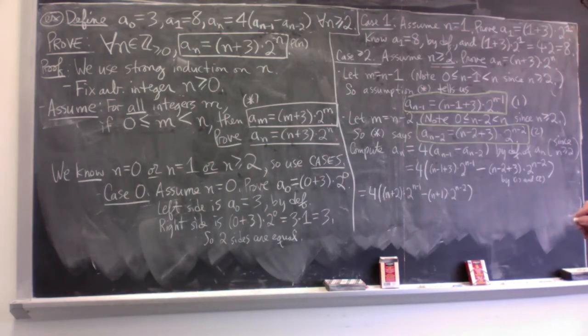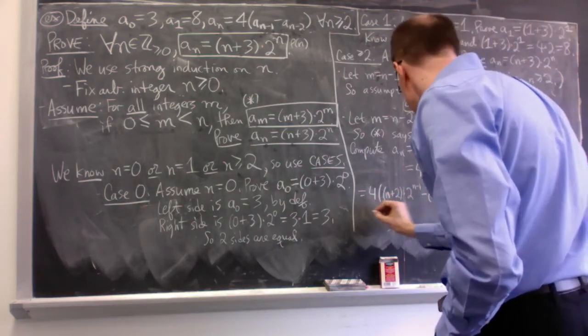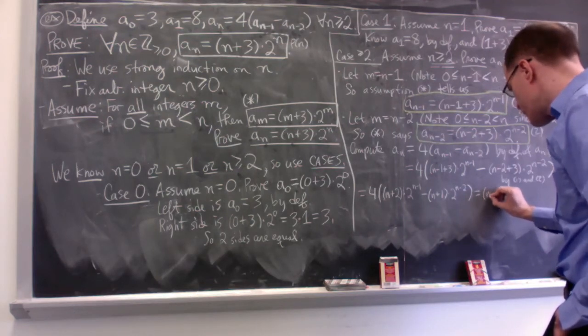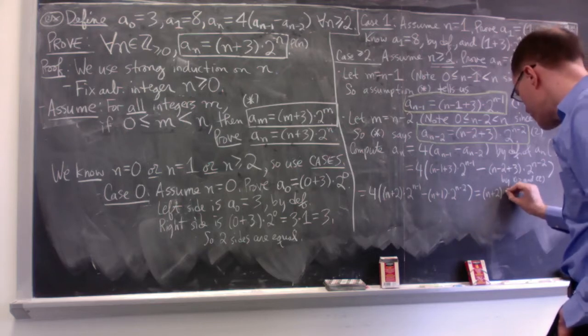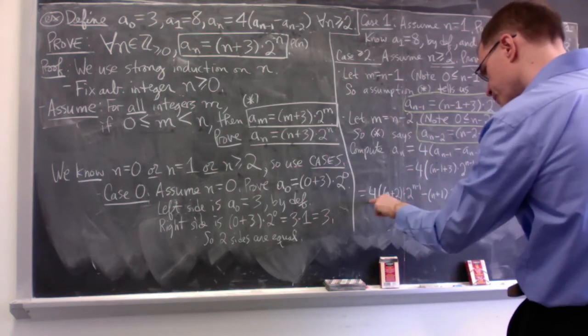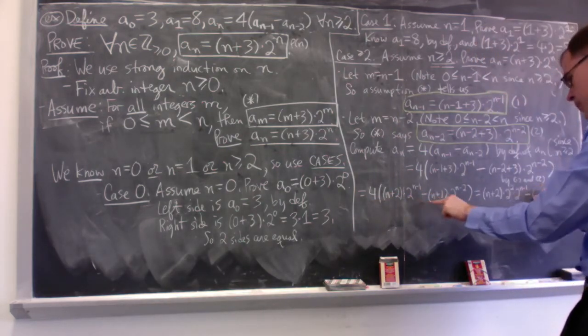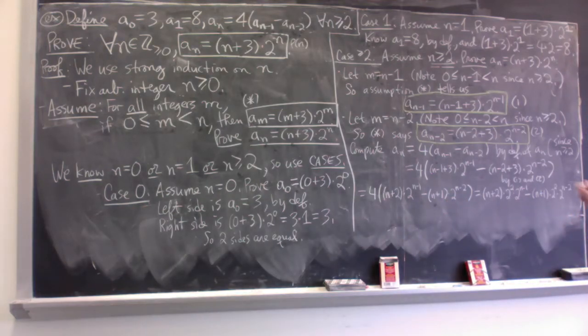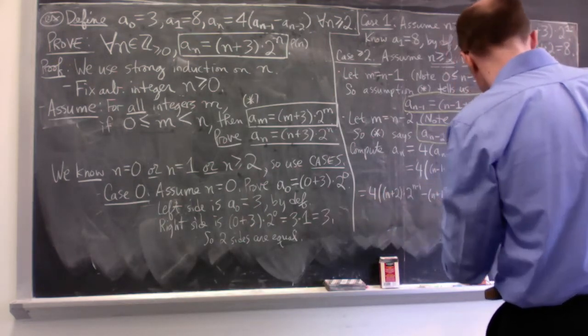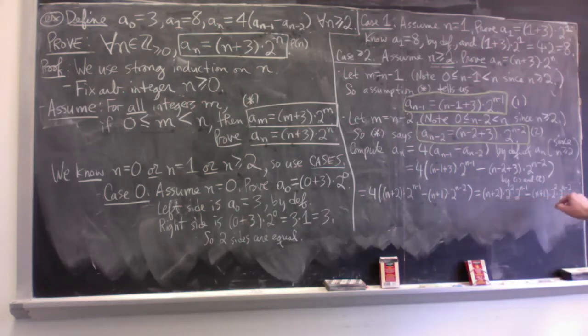Okay, 4 is 2 squared, and I can bring that over, so it's n plus 2 times 2 squared times 2 to the n minus 1, and here, minus n plus 1 times 2 squared times 2 to the n minus 2. All of these steps are by algebra, of course. I distributed the 4, 4 times this minus 4 times that, and written 4 as 2 squared.